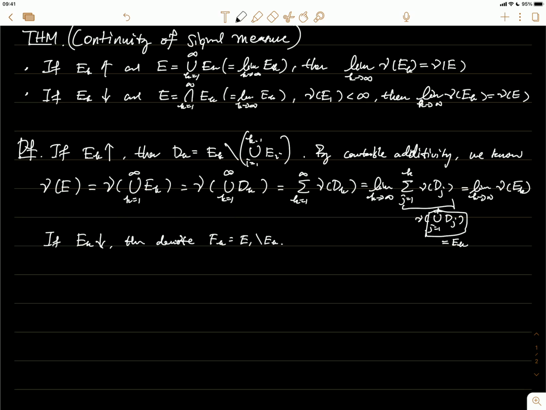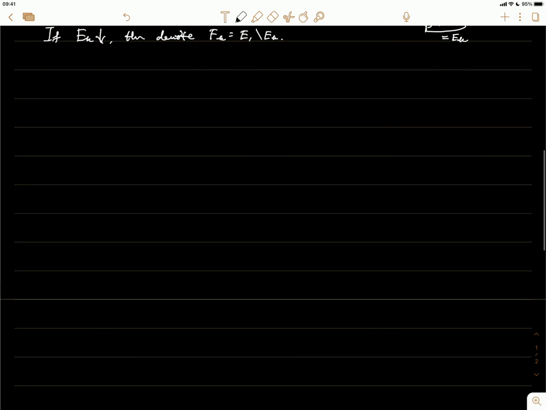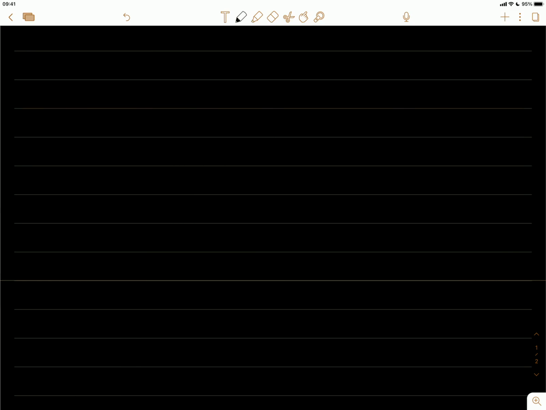And then, since the E1 has a finite measure, it can be moved out of the limit and cancel out on the two sides, and then we can get the same result for the second item. Okay, so that's pretty much similar to what we did for measures.